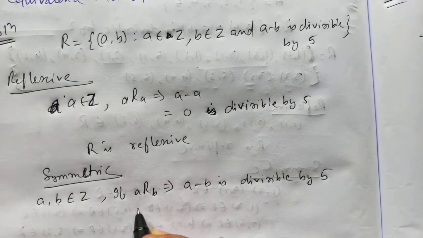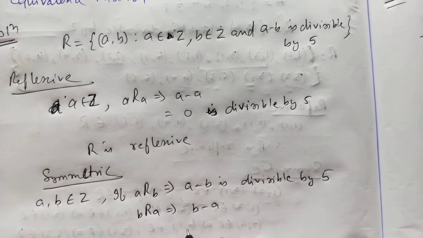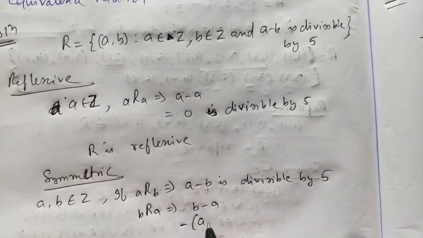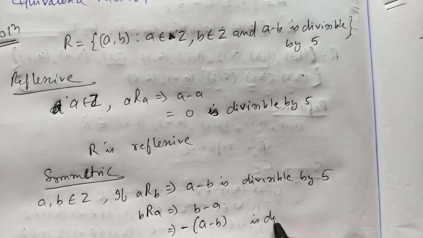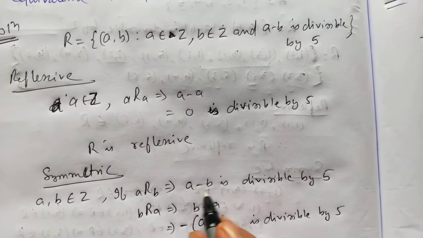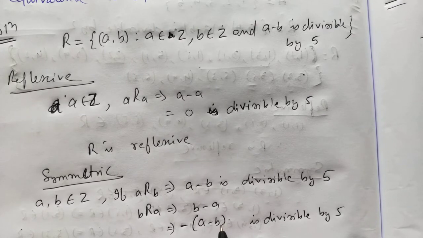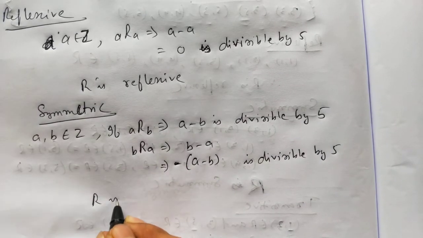We have to check for B related to A also. That means B minus A. If I take minus common, I can write minus of A minus B, which is also divisible by 5. A minus B is divisible by 5. It doesn't matter if a negative sign is here, it will be divisible by 5. So R is symmetric.